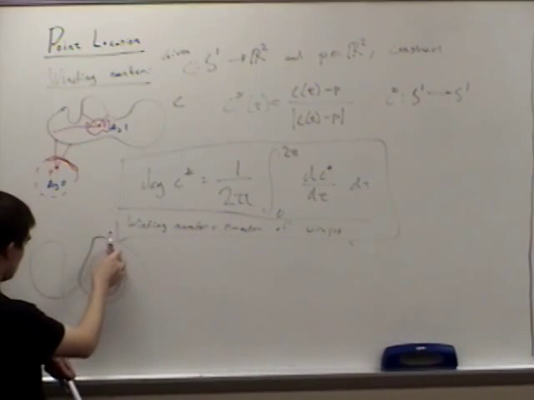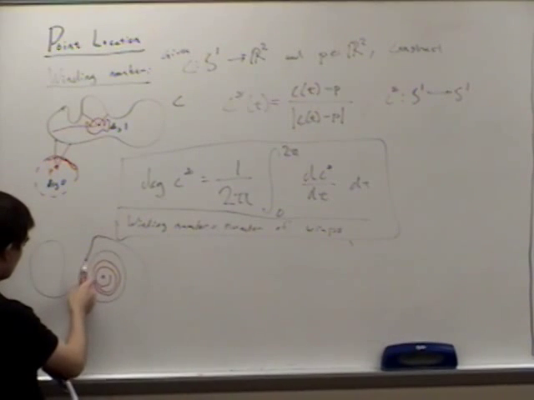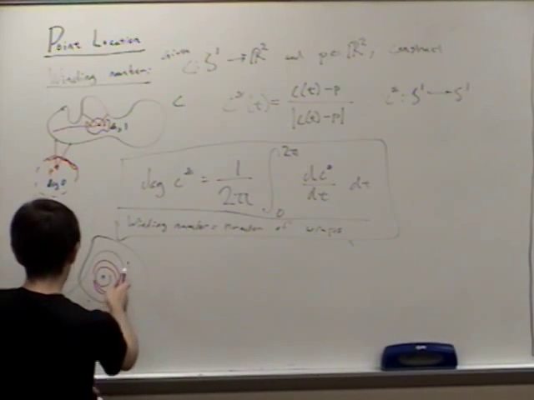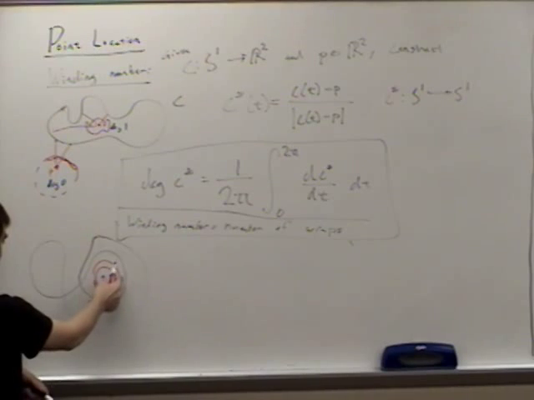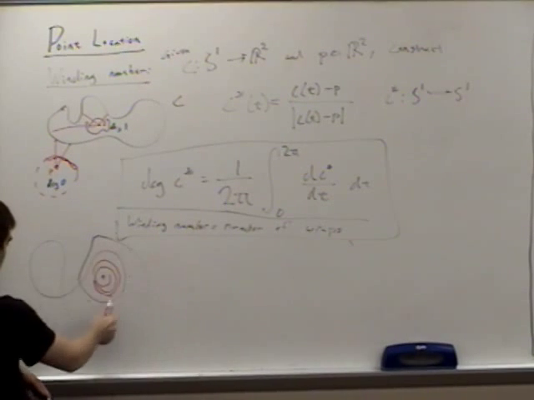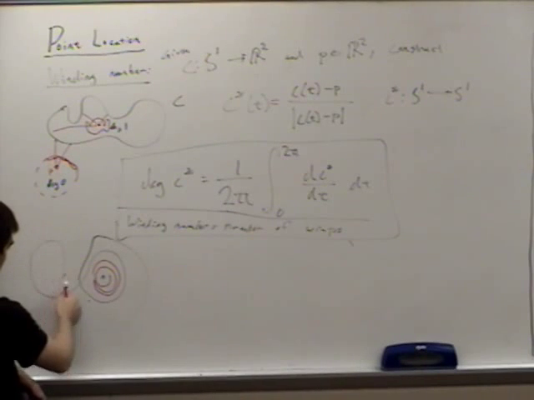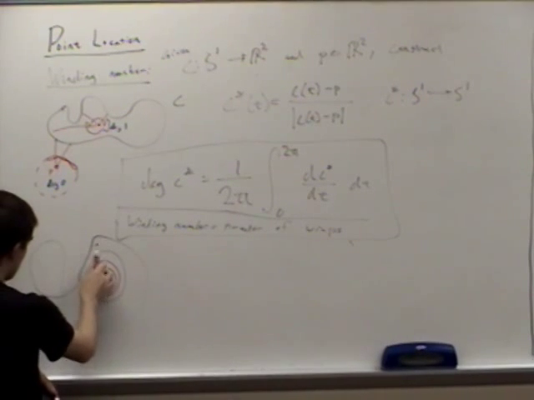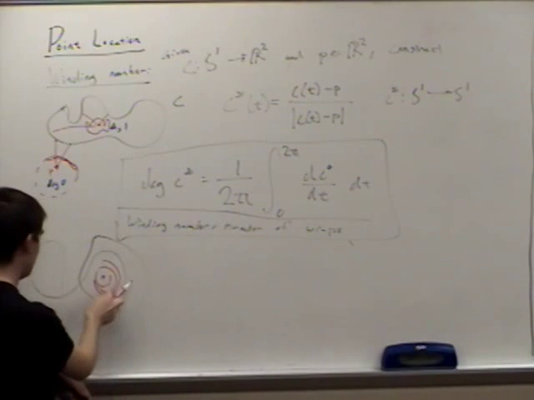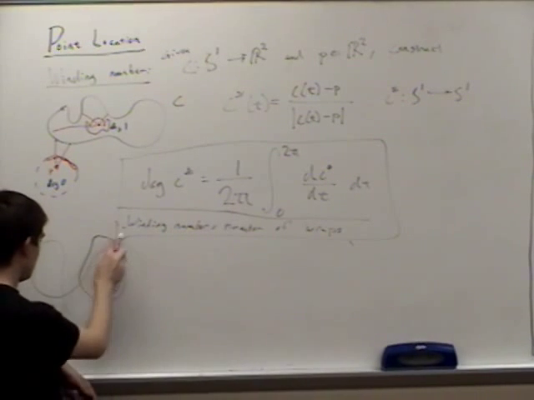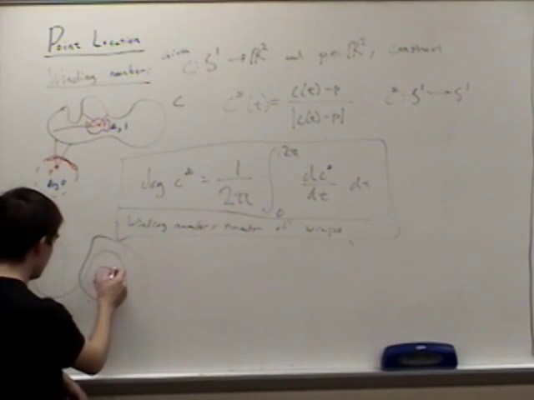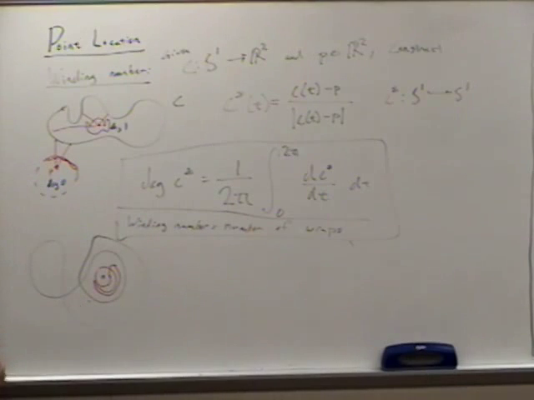Let me check, did I get confused here? All right, so we start there, we go around to there. So we make one full loop there, one full loop there, then a negative loop there. So we actually have a winding number of 1 at this point.